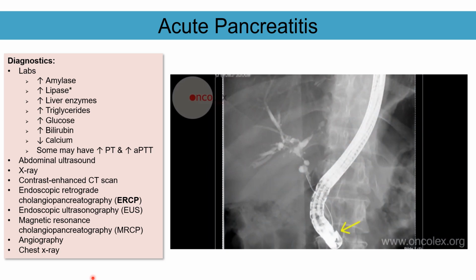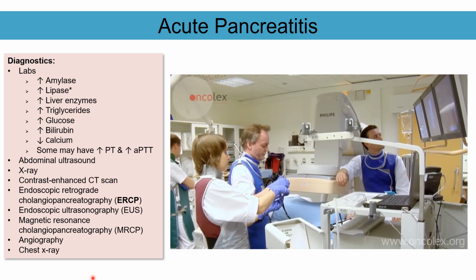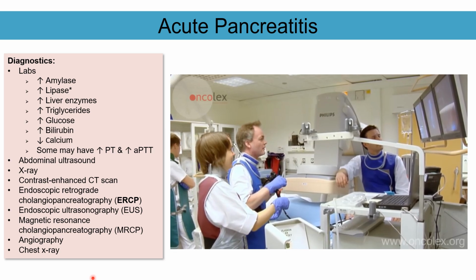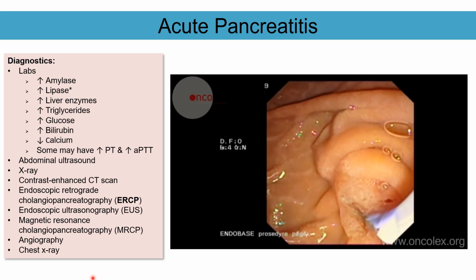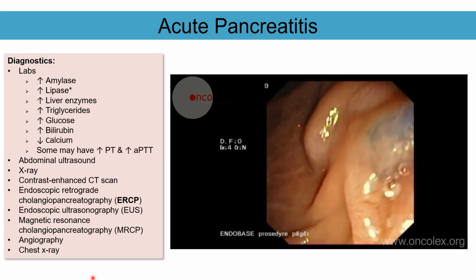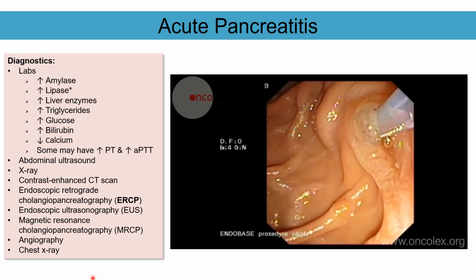Here we can see the scope, the catheter, and the bile duct with multiple blockages. A guide wire is inserted into the catheter and the catheter is removed. A special brush is inserted over the guide wire and brought into the bile ducts.